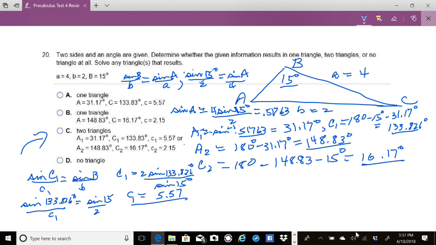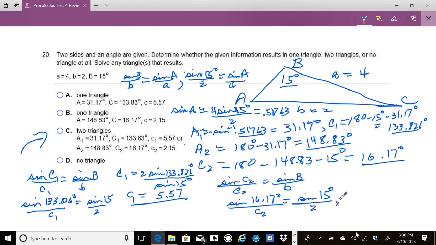Now, to get C2, we do sine of C2 divided by C2 equals sine of B over B. And remember, C2 was equal to 16.17 degrees, so sine of 16.17 degrees divided by C2 equals sine of 15 degrees over 2.